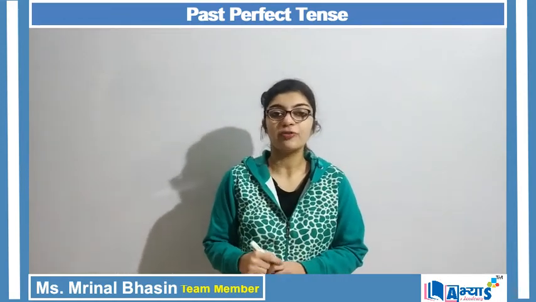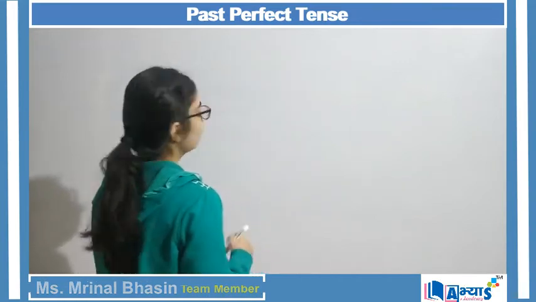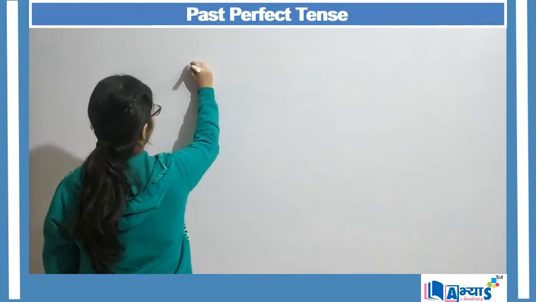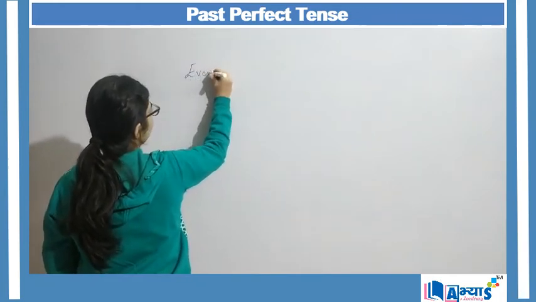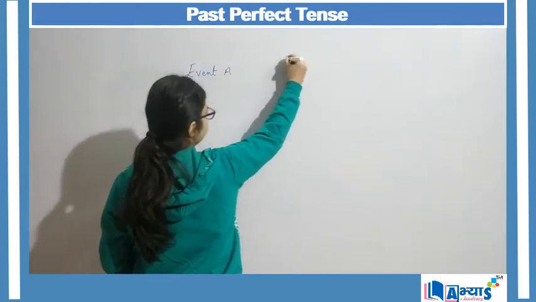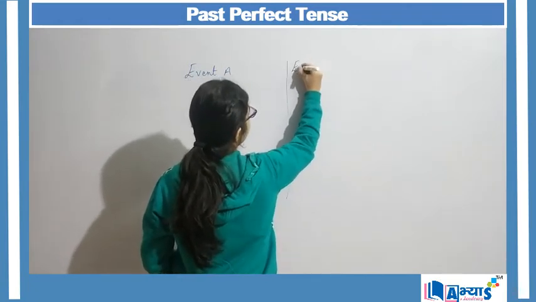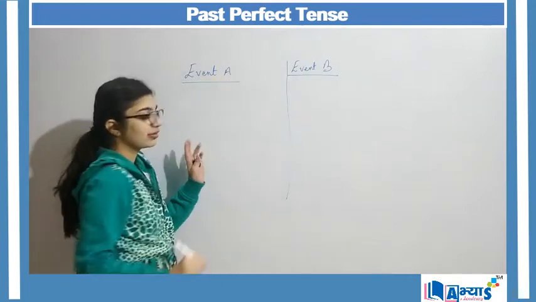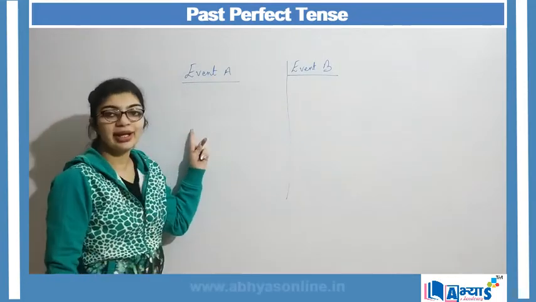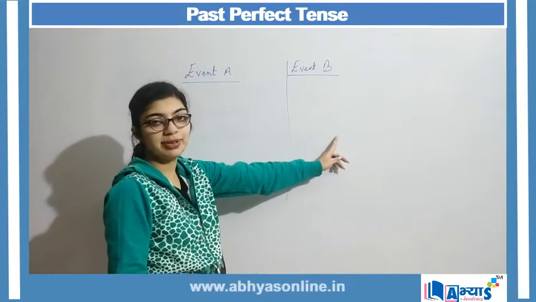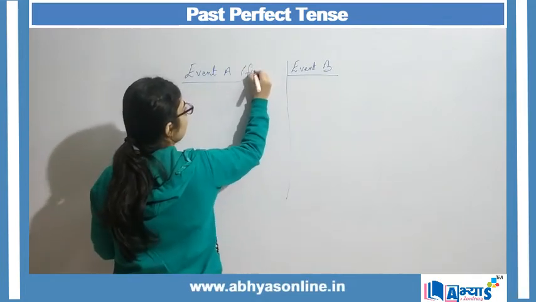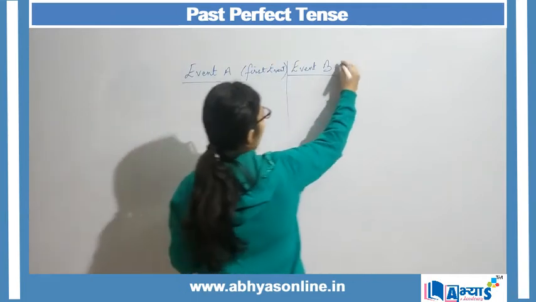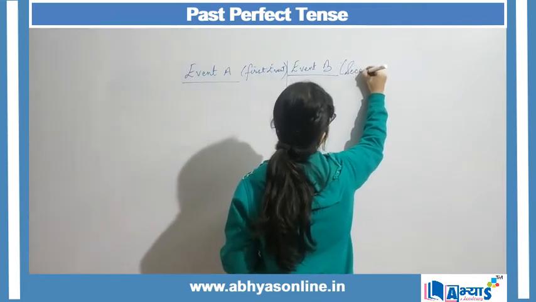So now, to find that, let us consider two events, event A and event B. Now remember that event A will occur before event B. So this is the first event and event B is the second event.